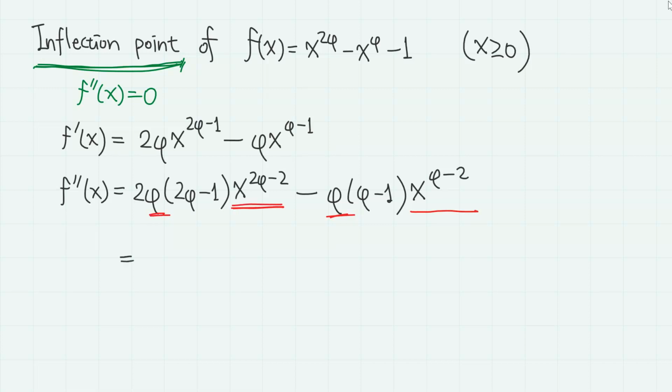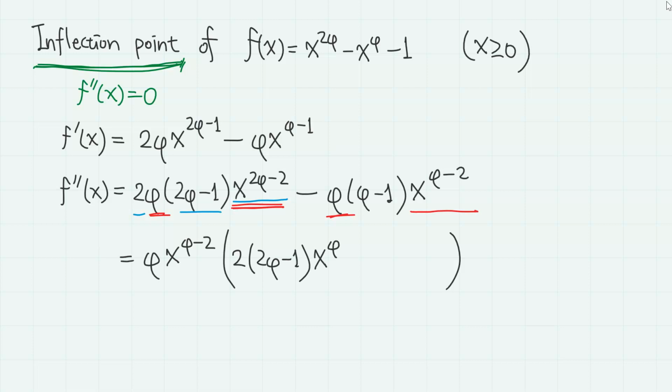So we can take out the common factor phi x to the power of phi minus 2. Then from here, we have 2 (2 phi minus 1) x to the power of phi, and from here, minus (phi minus 1).